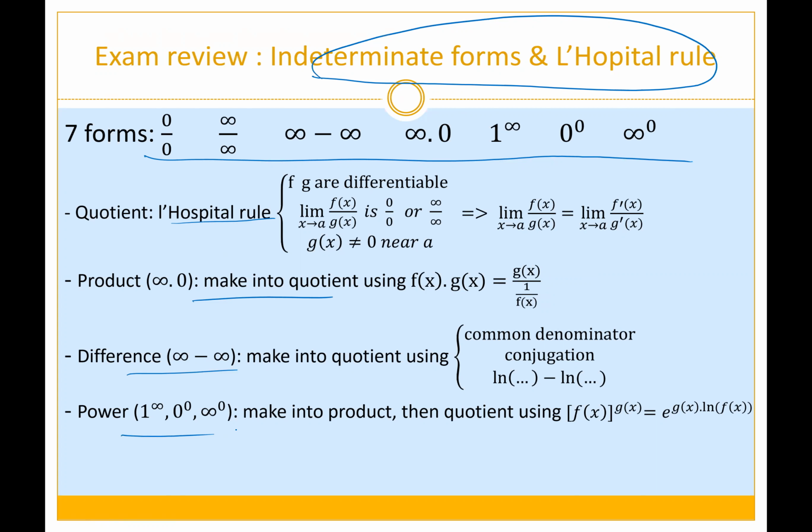We've already discussed that. We can make the product, difference, or power into a quotient form, and then use L'Hopital's rule. That's pretty much all the steps that we need to do.